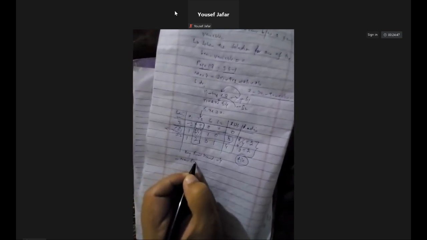So the new pivot row is equal to old divided by 4. The old one is 1, 4, 1, 0, and 8. Divided by 4, it will give us 1 over 4, 1, 1 over 4, 0, and 2.